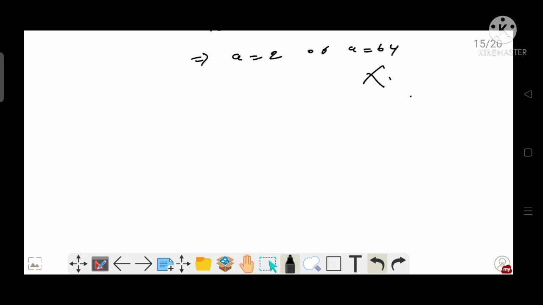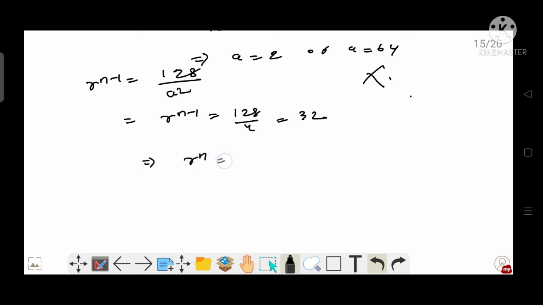a equal to 2. Now we know that we have given r to the power n minus 1 equal to 128 by a square. So r to the power n minus 1 equal to 128 by 4. This means 32. Okay, this will be r to the power n equal to 32.